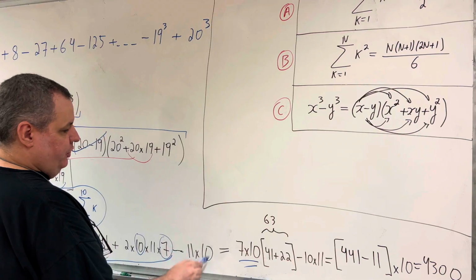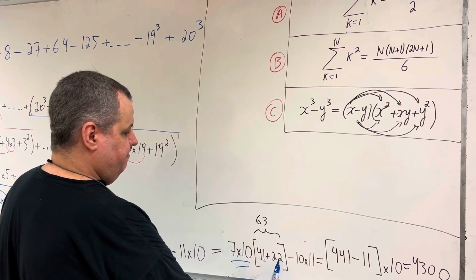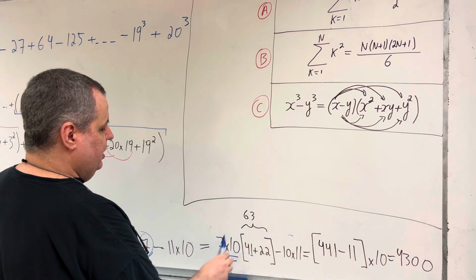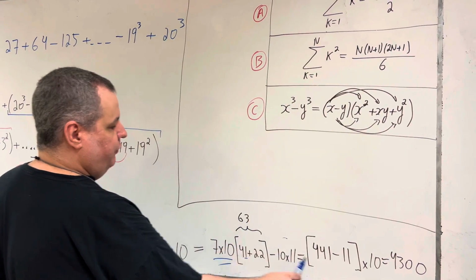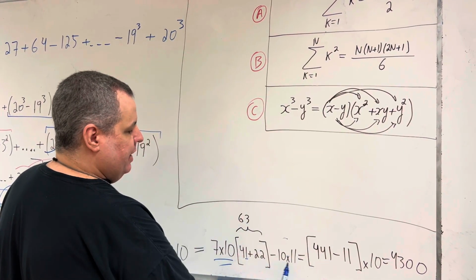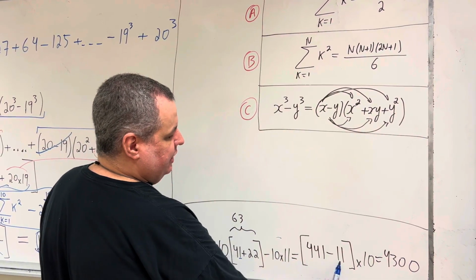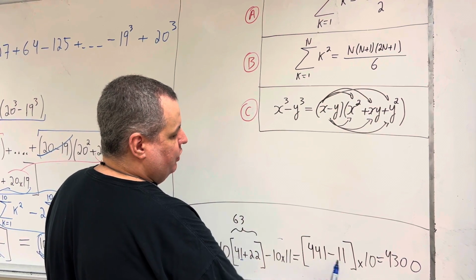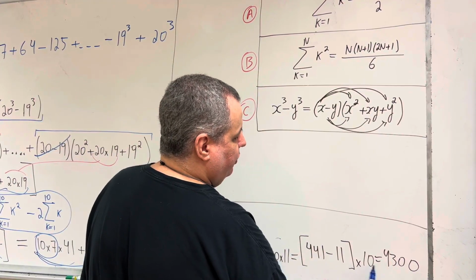And I keep my third term negative here. So this is 63. Okay? 7 times 63 is 7 times 6, 42. 420 plus 21, 441 minus 11. And I have a factor of 10. If I subtract 11, I subtract 10, this becomes 431, subtract 1, 430 with an extra 0.